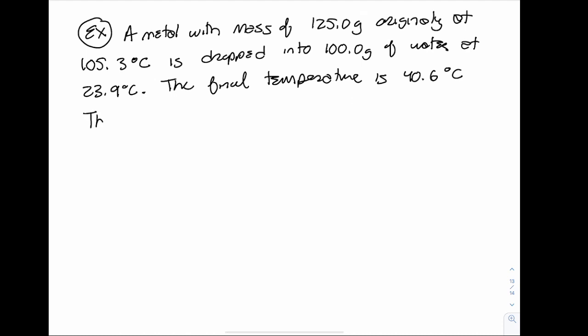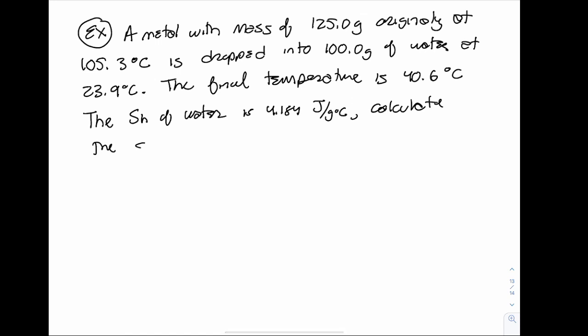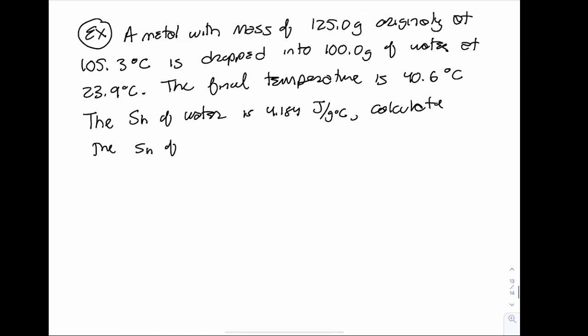We're given the specific heat of our water. So the specific heat of water is 4.184 joules per gram degree Celsius. And we're going to calculate the specific heat of the metal.